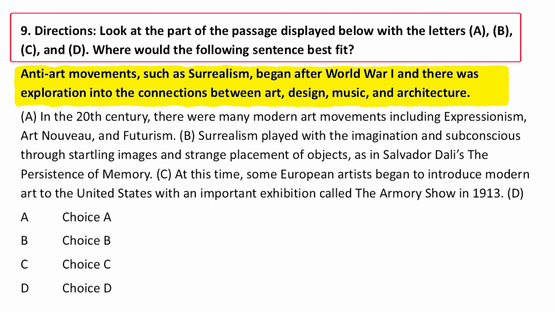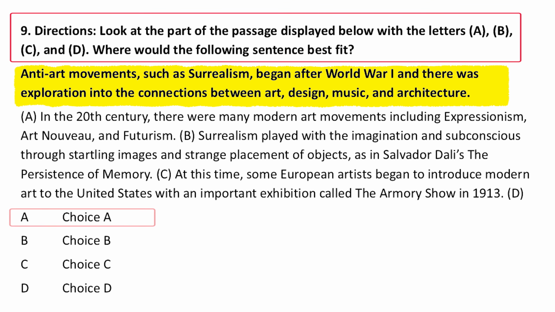First, let's understand what the new sentence is about. It introduces surrealism as an anti-art movement that emerged after World War I and mentions its broad influence across different creative fields like art, design, music, and architecture. So we want to find a place where this sentence fits logically and smoothly into the paragraph. Let's try each option.